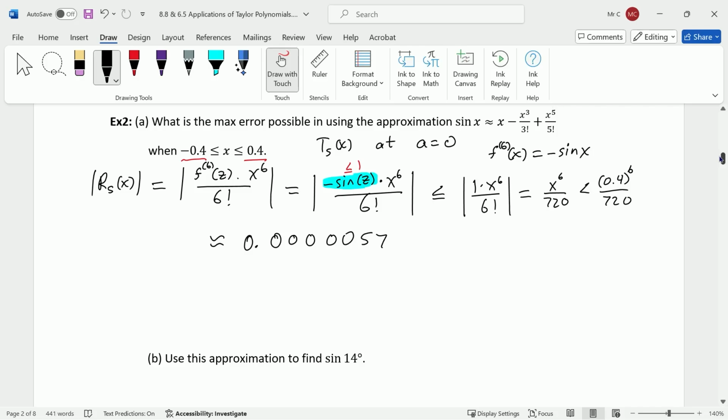So if we try to use this approximation for sine of 14 degrees, that's going to be no good. We've got to convert 14 degrees to radians. So 14 degrees times pi radians over 180 degrees. That's going to convert us into radians, and we get approximately 0.24435 radians.